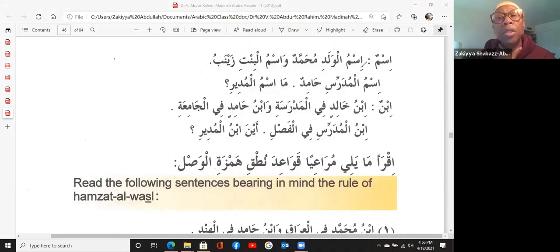So Hamzatul Wasl, we learn, is this. Even if you have an Aleph and it has a vowel on it, even if they don't have the vowel there, it is written. It has a Hamza, okay? Because here is actually Ismun, a Hamza, and then you have a Kesra. So when it comes first, you read it Ismun.